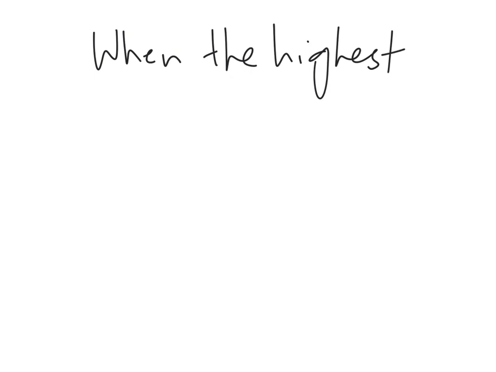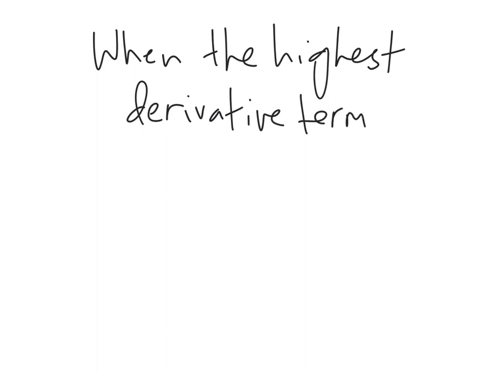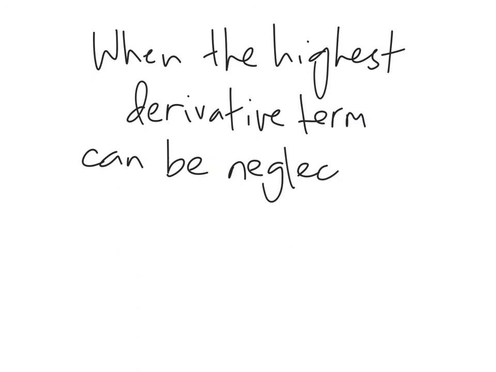And so this type of problem is called a singular limit. When the highest derivative term can be neglected, we can't satisfy all the initial conditions.